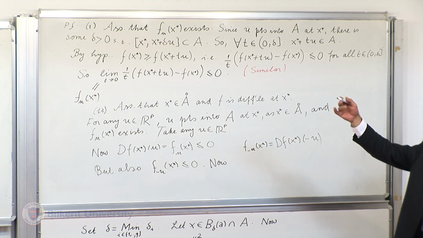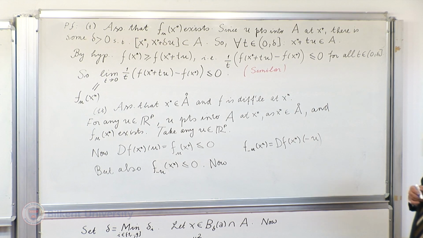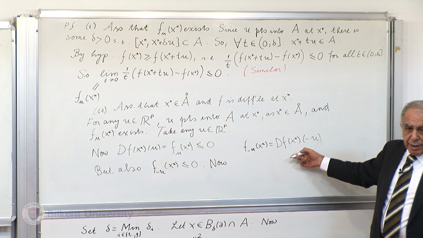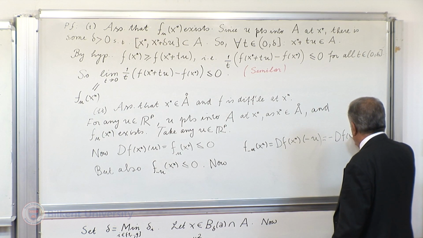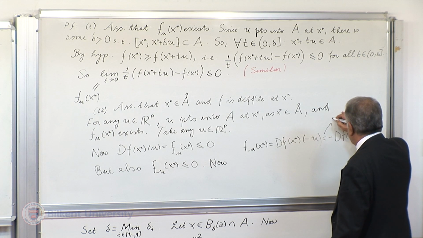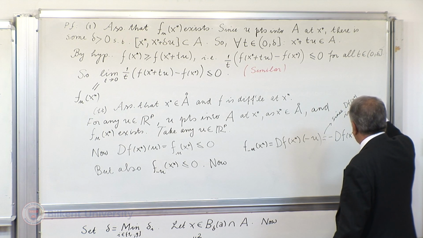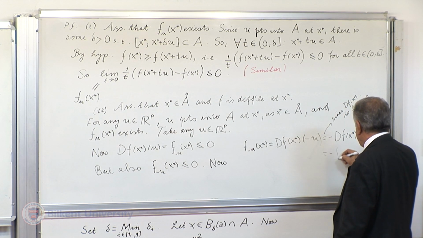That's just our theorem from last time. But what do we know about the f of x star? It's linear. So this is equal to minus the f of x star at u, since it is linear. But this is minus f sub u of x star.